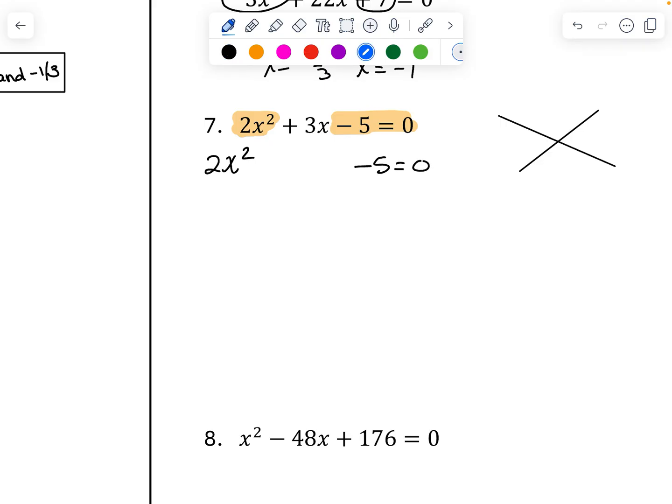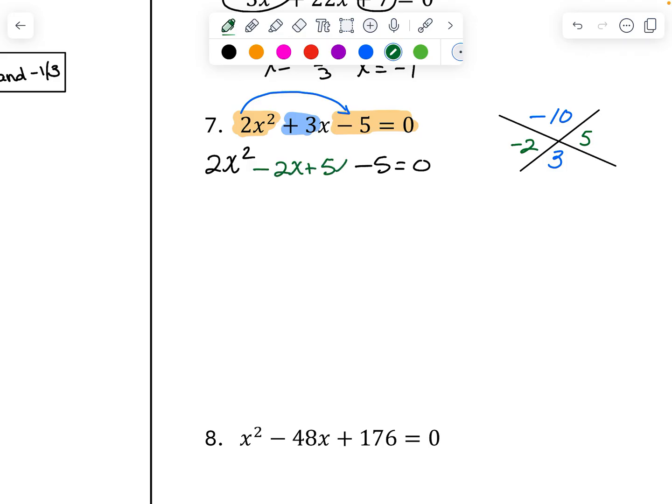Then I'm going to take the first term times the last term, and that's going to get me negative 10. Then I'm going to look at the middle term, which is 3, and the factors of negative 10 that add to 3 are negative 2 and 5. And so I'm going to put negative 2x and 5x right here.